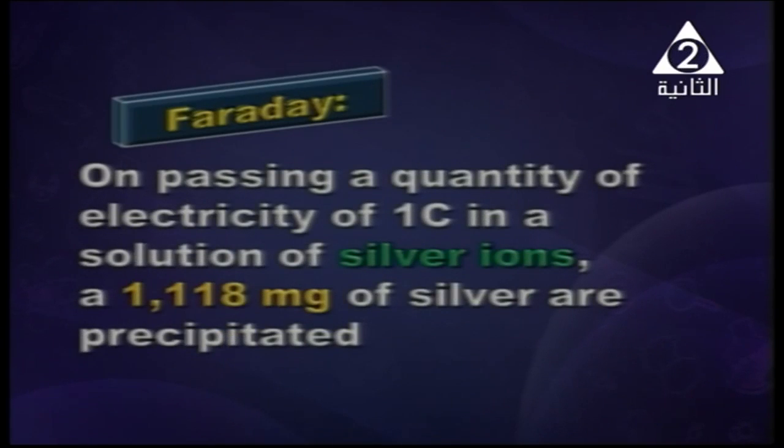On passing a quantity of electricity of 1 coulomb in a solution of silver ions, silver nitrate, 1.118 milligram of silver is precipitated.